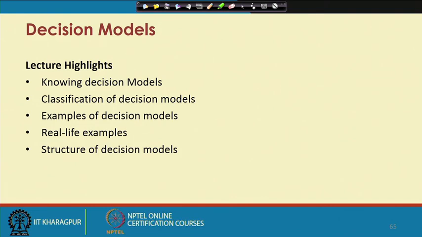On the basis of decision models, we are in a position to take management decisions. So, today's discussion will cover knowing decision models, classification of decision models, some examples relating to decision models, some real life examples, and the structure of decision models.